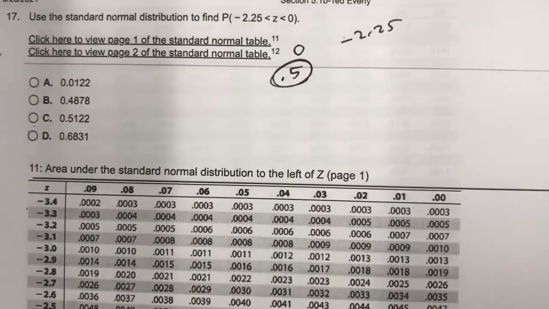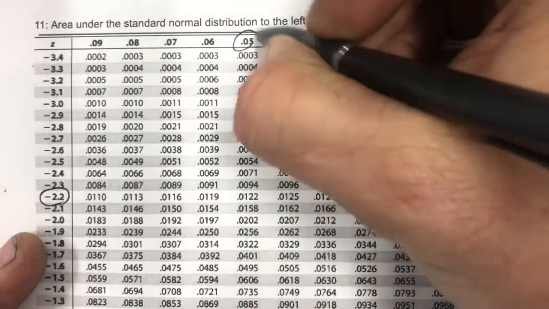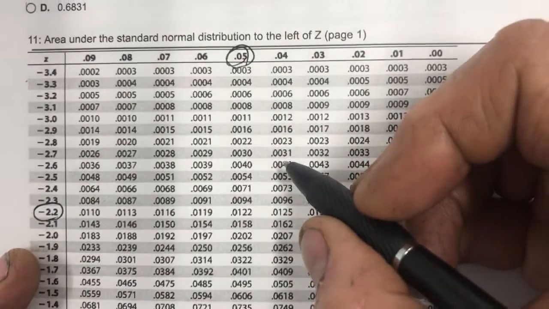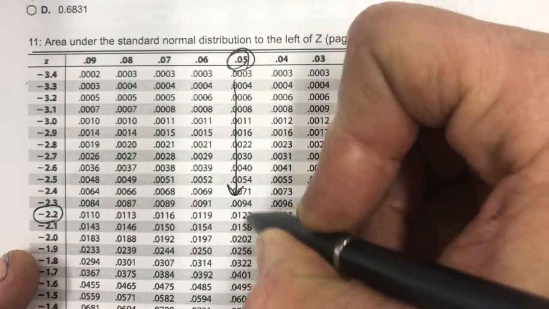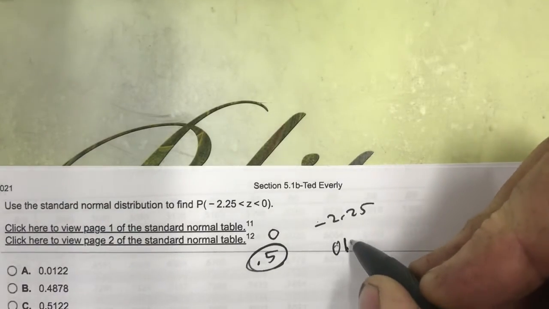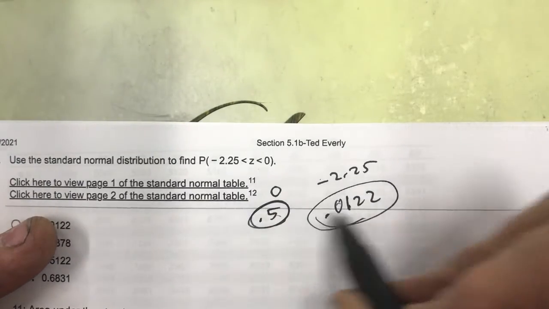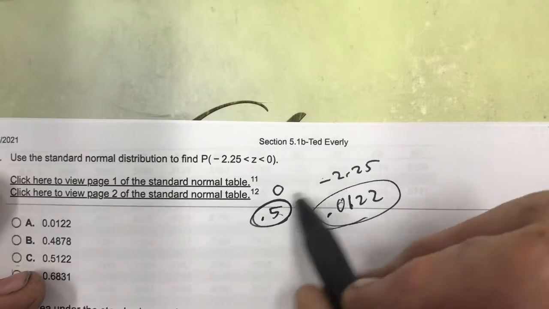Now, negative 2.2 is right there, and .05 is right here, so that's 0.0122.